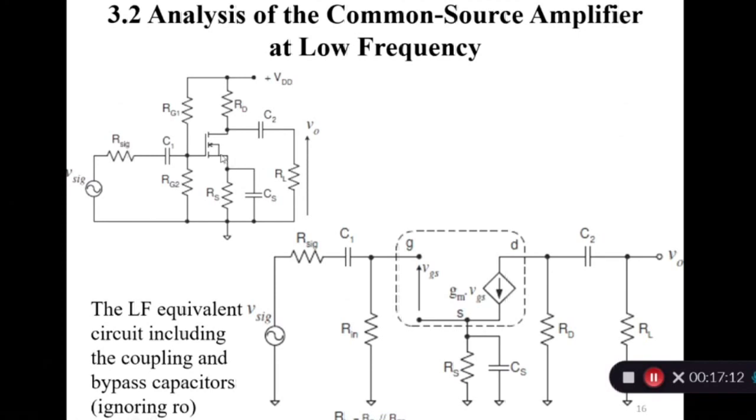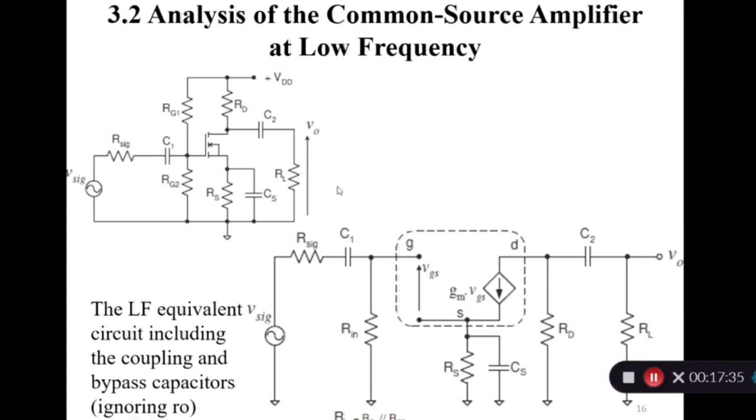To calculate the low frequency, what happens? First see how many capacitances are there. Here there are 3 capacitances: 1, 2, 3. We are not going to the internal capacitance that exists in the MOSFET, so we are looking only at the external capacitances.